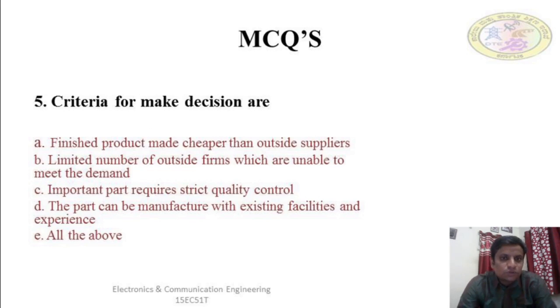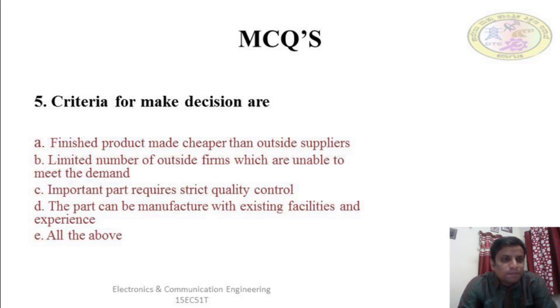Fifth multiple choice question: criteria for make decisions are finished product made cheaper than outside suppliers, limited number of outside firms which are unable to meet the demand. Option C, important parts require strict quality control.